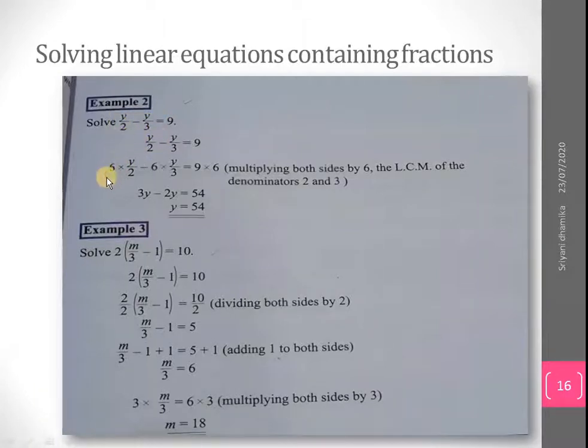When the first term is multiplied by 6, we can write this expression in this way. Multiply each term of this equation by 6.